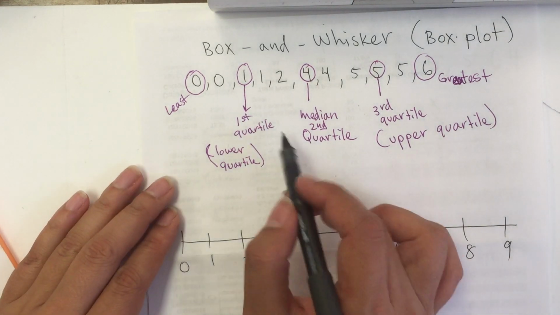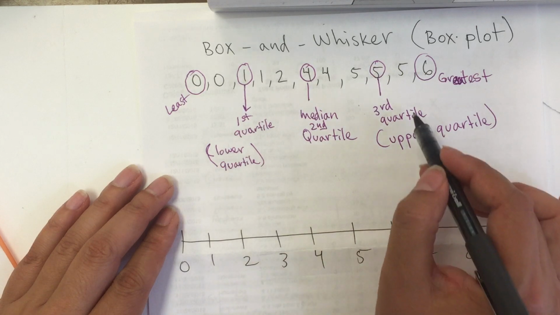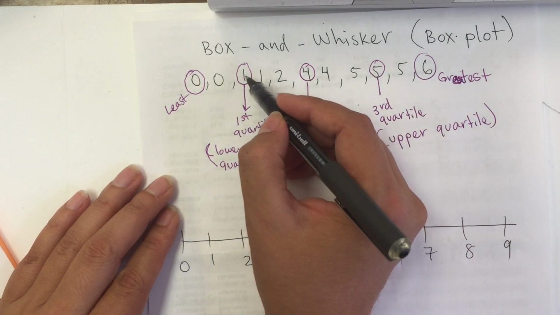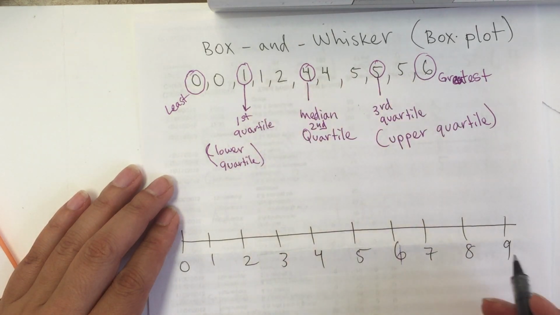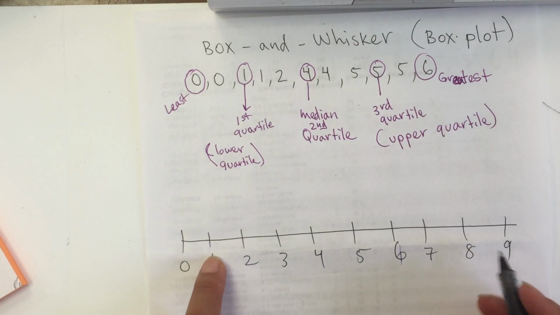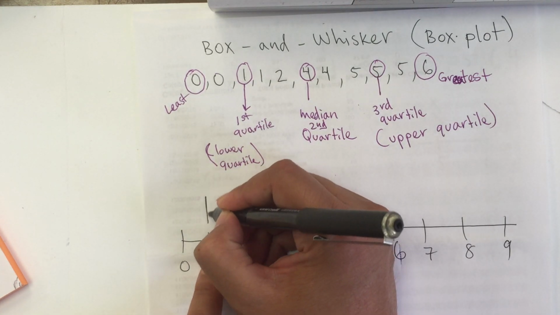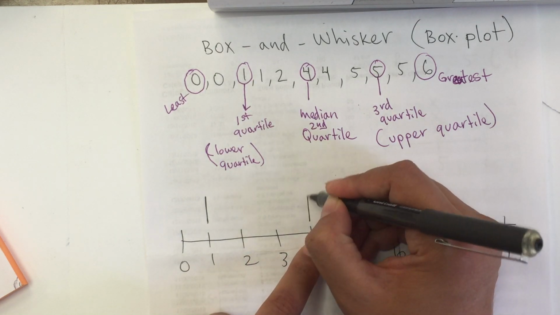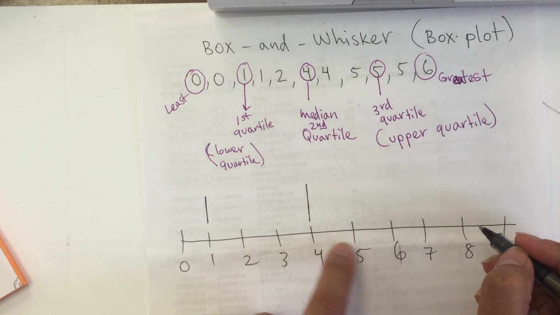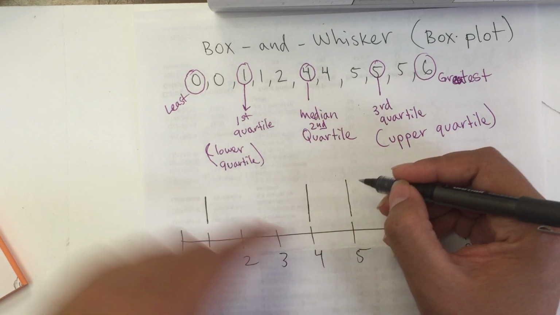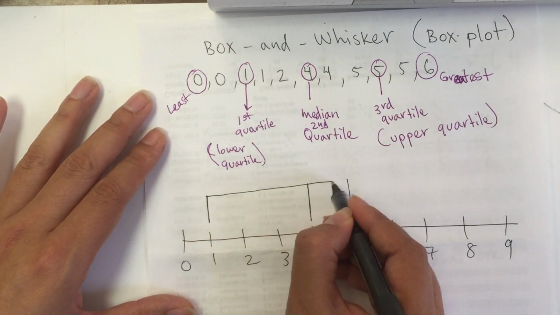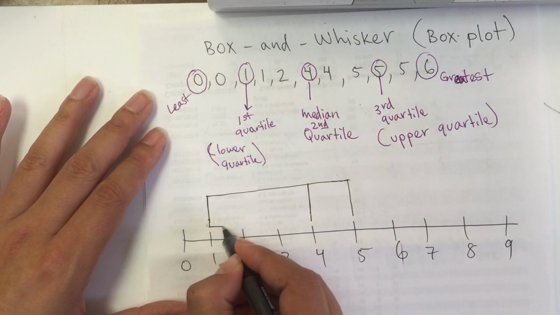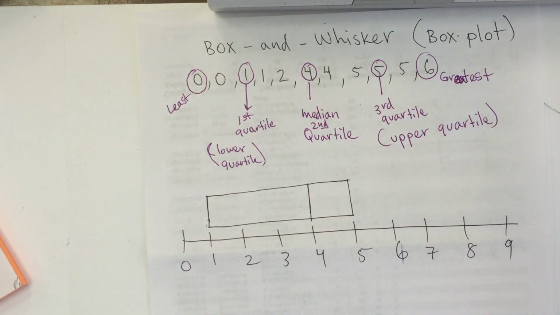And what we're gonna need is the quartile numbers, 1, 4, and 5. So it's gonna be 1, and I'm gonna create a vertical line in here, 1, also at 4, and also at 5. And that's gonna form my box by connecting the top part of each line.